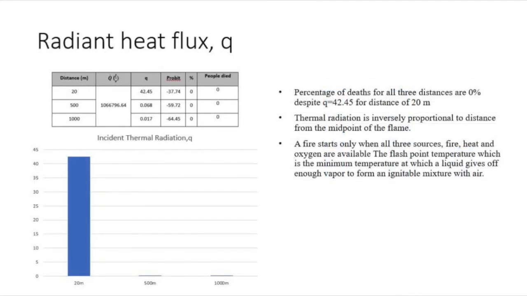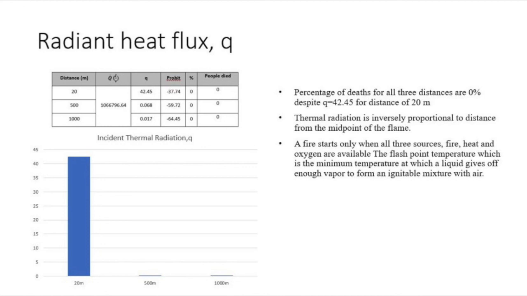Finally, for the consequence study of radiant heat flux of VCM vapor, the same thing was done, where we manipulated the distance to see the difference in the percentage of fatalities.